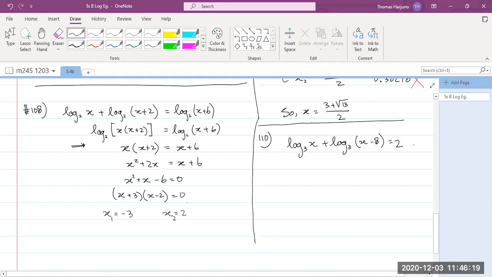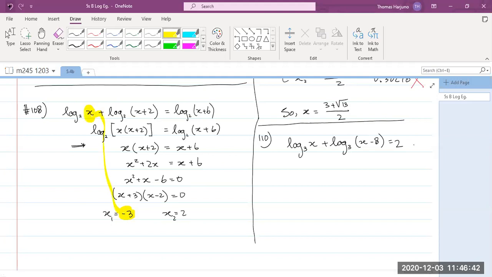Now, will negative 3 be okay? Why not? Yeah, the answer is no, but why not? Well, because negative 3, when you plug in here, it becomes a negative argument, right?